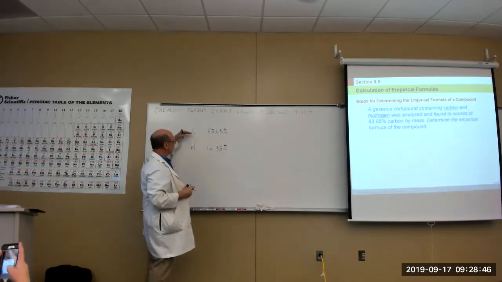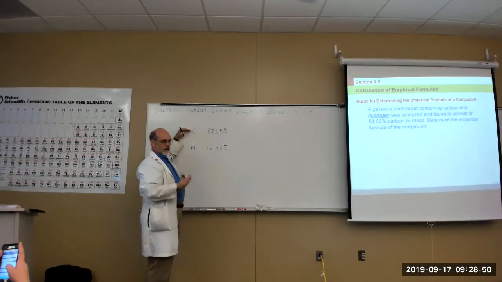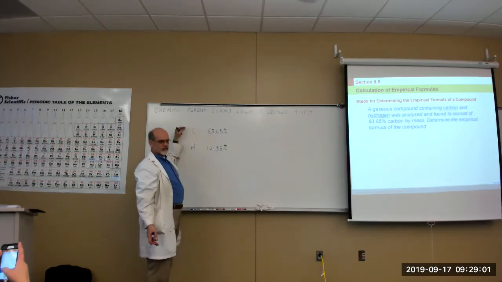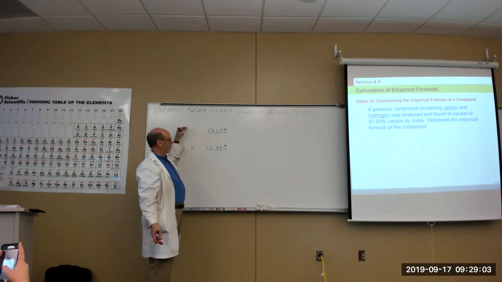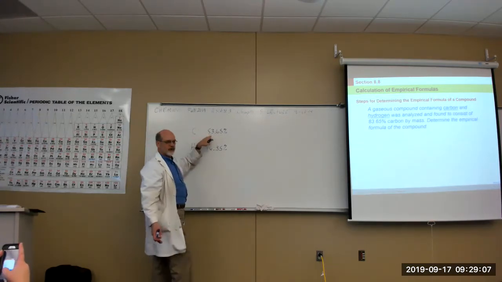So if we've got this percentage of carbon in the compound, we can pick whatever mass we want. Let's just say we have 100 grams. Why would I pick 100 grams to convert this to grams? Right, because it's parts per 100. So if this many parts per 100, it's this many grams per 100 grams.